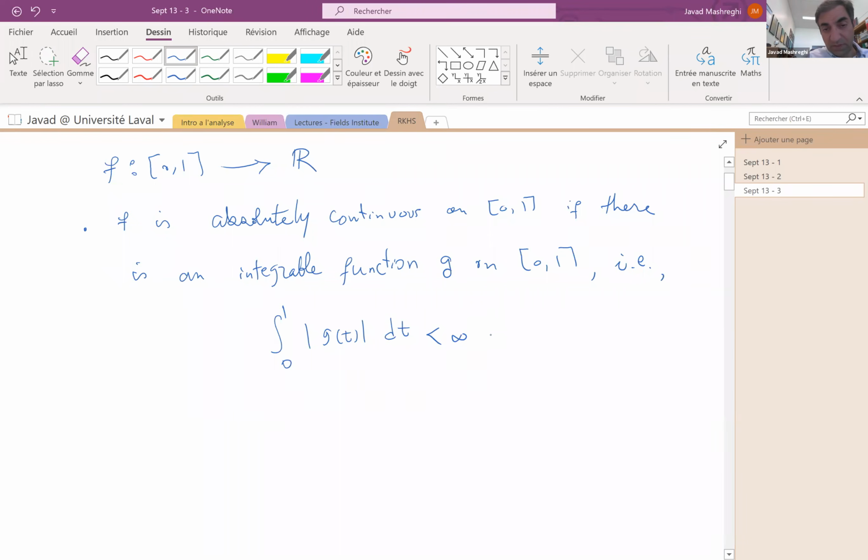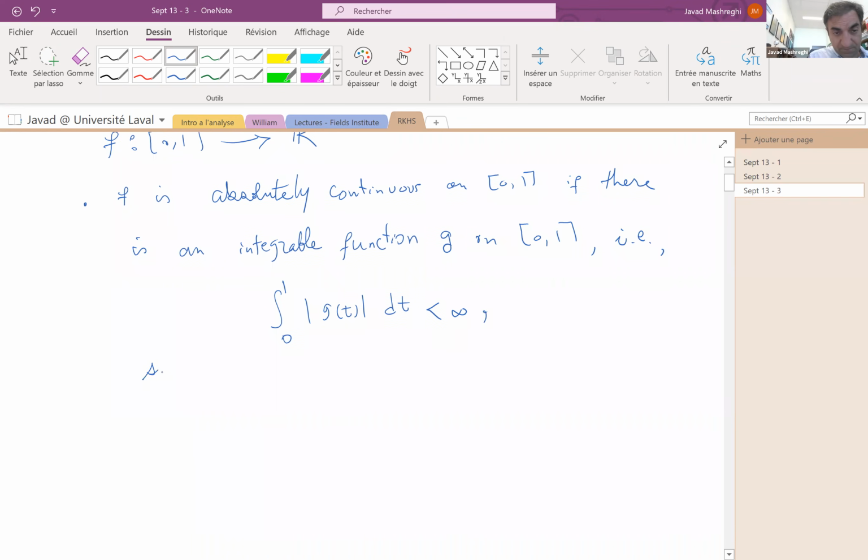That's the meaning of being integrable, such that f(x) is equal to f(0) plus the integral from 0 to x of g(t) dt. That's one definition of being absolutely continuous.